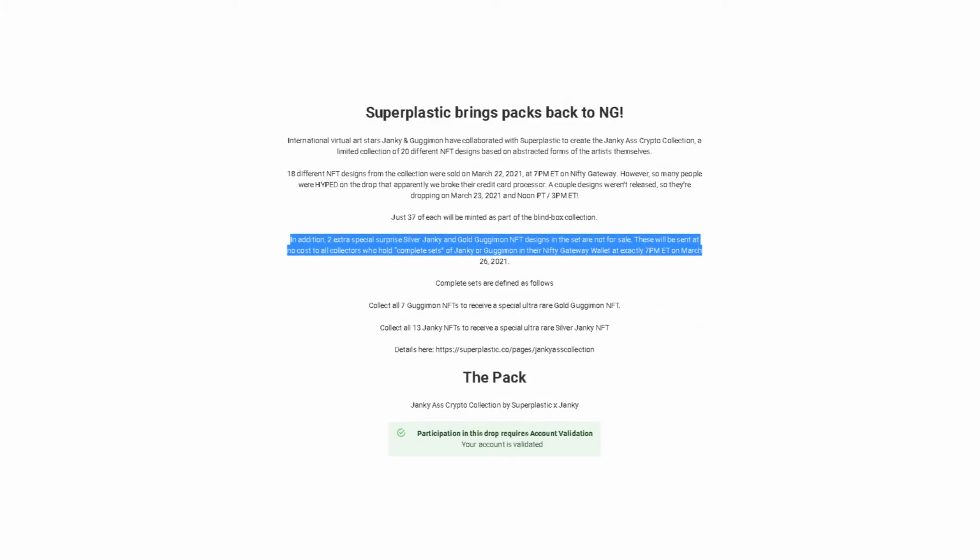So the fourth rule is, I would call it gimmicks. If an artist gives you the opportunity, after you bought the piece, to get something else off of it. Some artists would say, if you buy these collections in this specific amount of time, maybe a week, 2 weeks, 3 weeks, you could get a limited edition free NFT out of this.